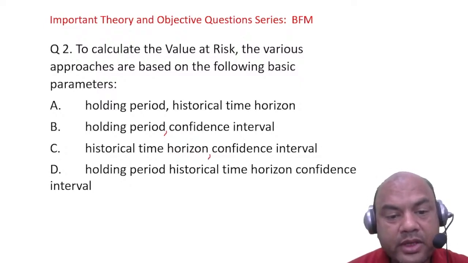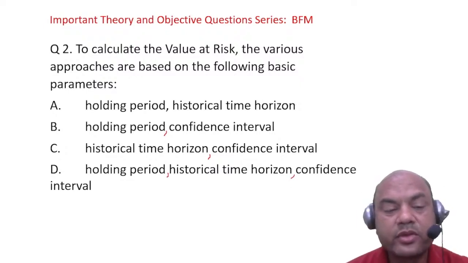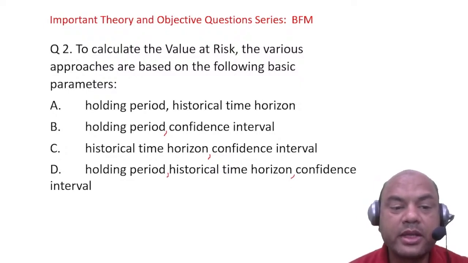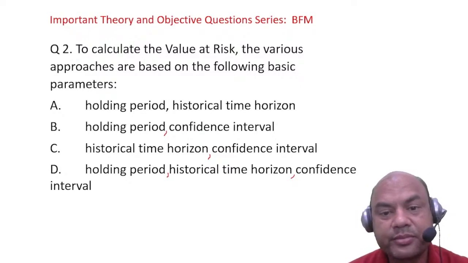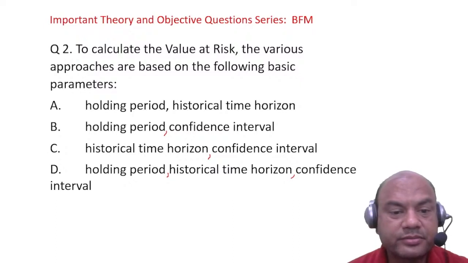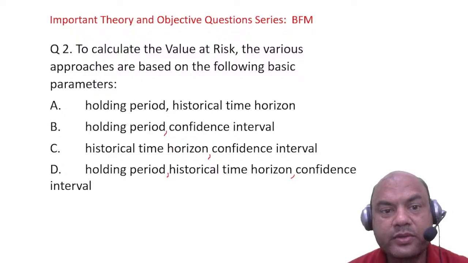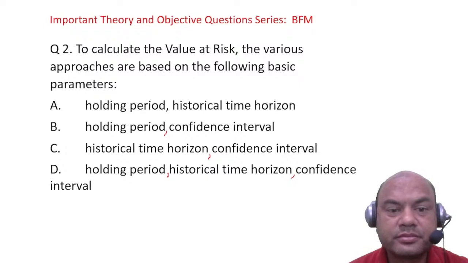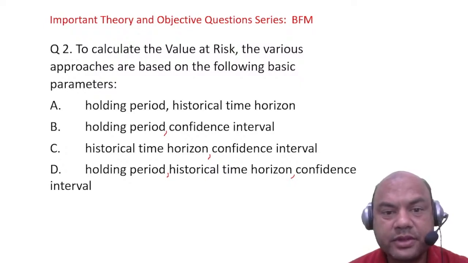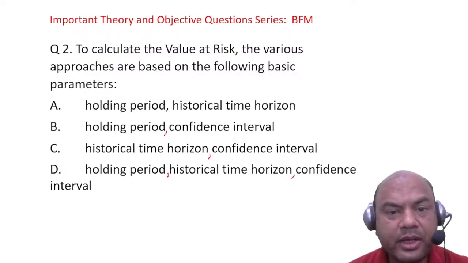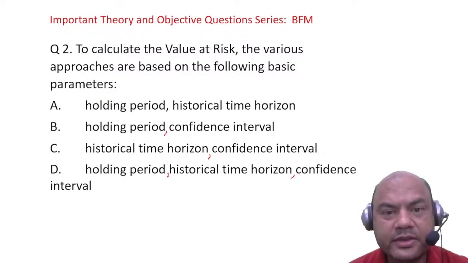Holding period, historical time horizon and confidence interval, all three. So what is the correct option, A, B, C or D? What do you say, guys? Think over it. Think of the answer, everyone. Is it B or C?